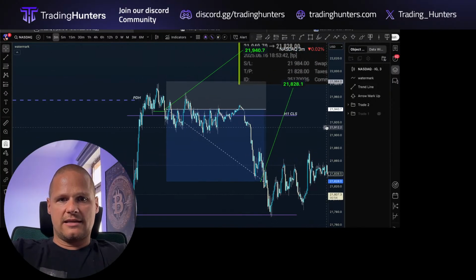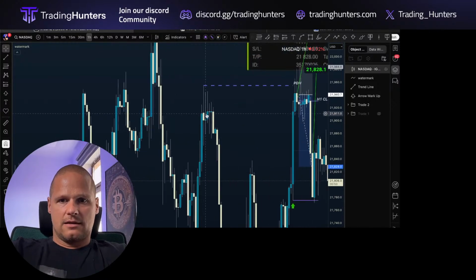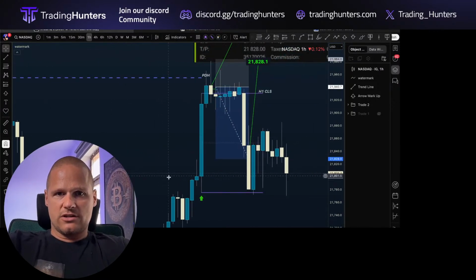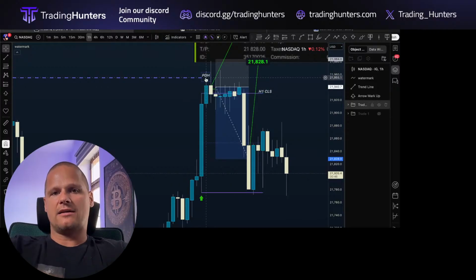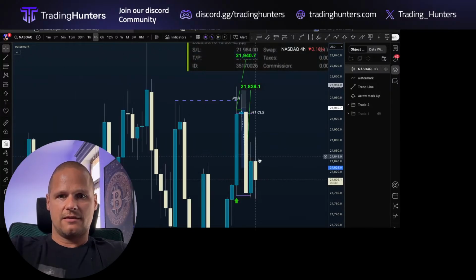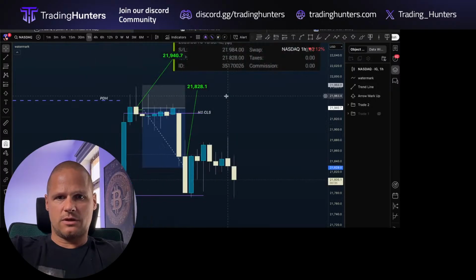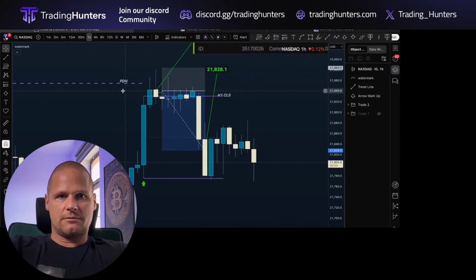We actually had this CLS range on the 1 hour. The next candle has closed above, but it was a candle that went for this liquidity in here, on the 1 hour.